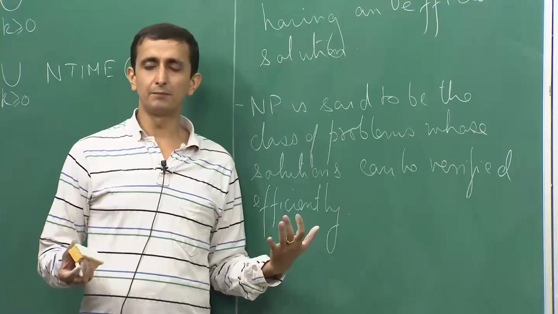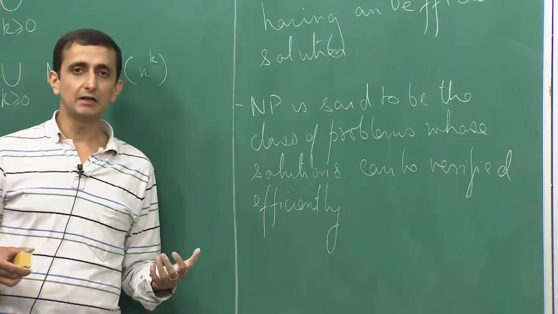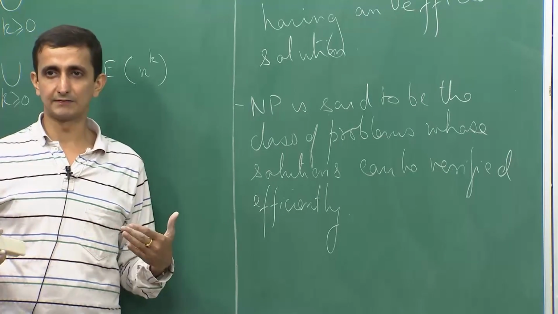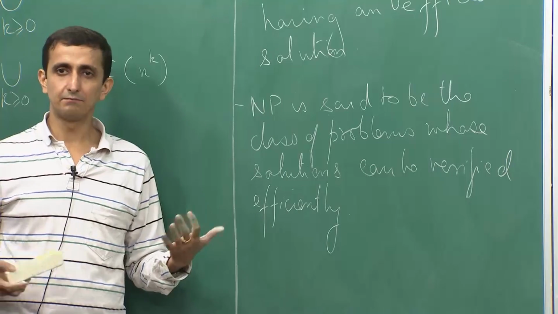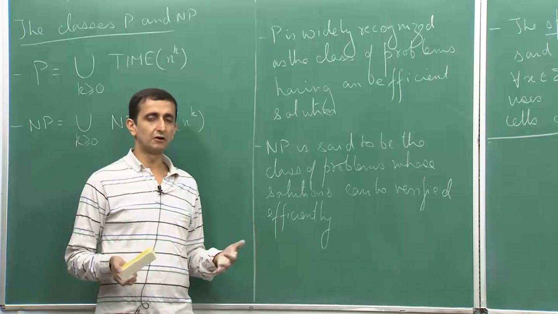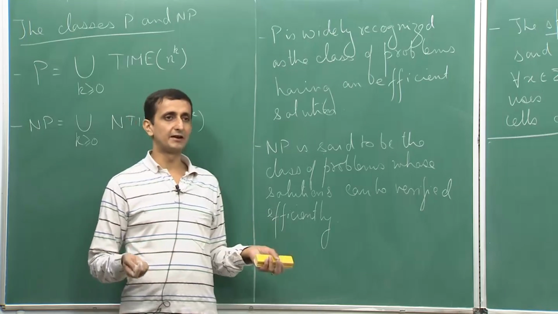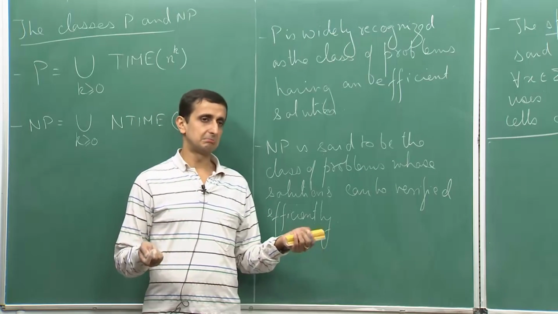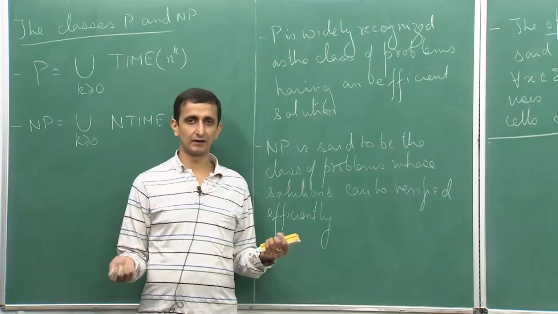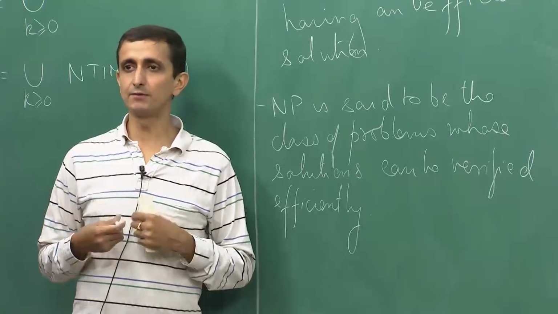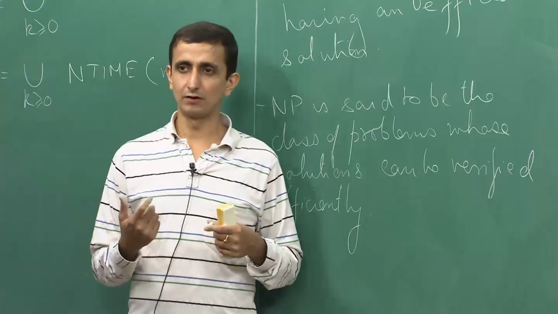So, there are certain problems for which we can actually solve the problem in an efficient manner in some polynomial number of steps, okay, such as matrix multiplication, or given a graph I want to find out whether I can go from one vertex to another, or given an array, let us say I want to find out the minimum element in the array, and so on. Okay.